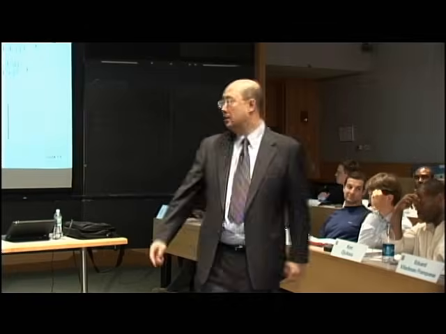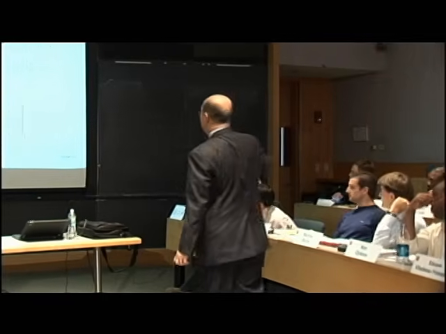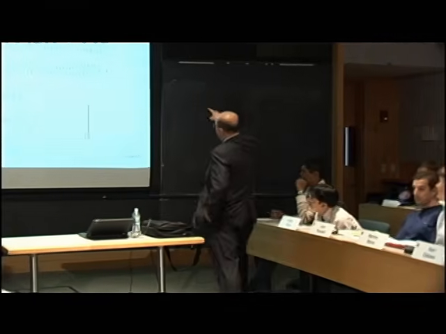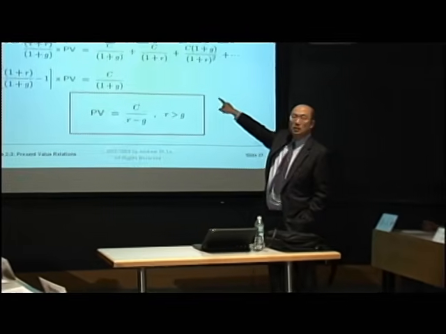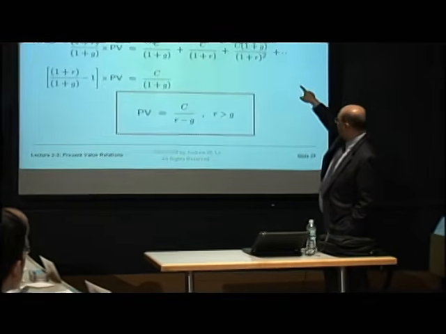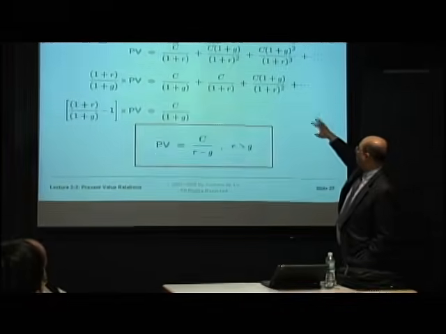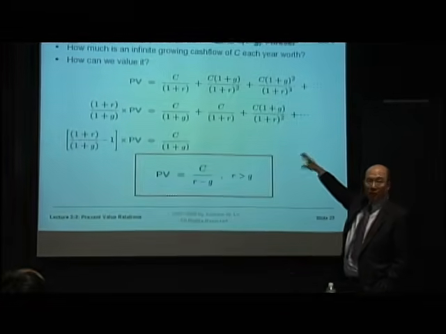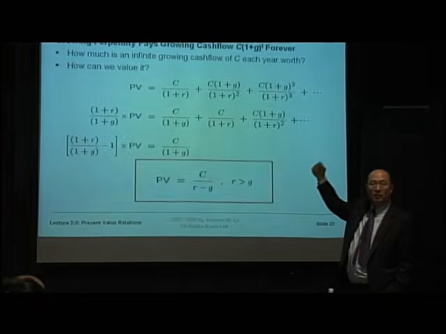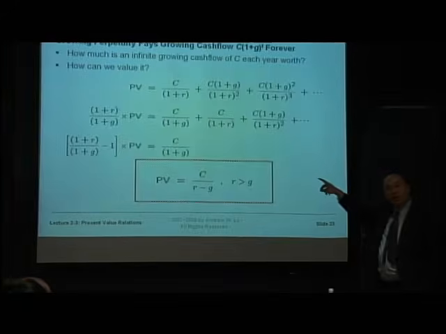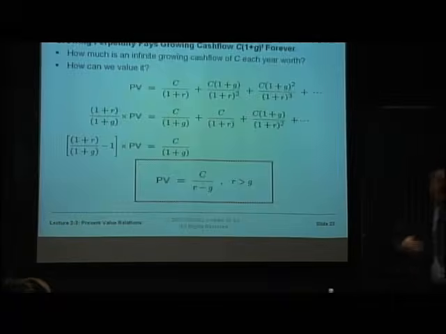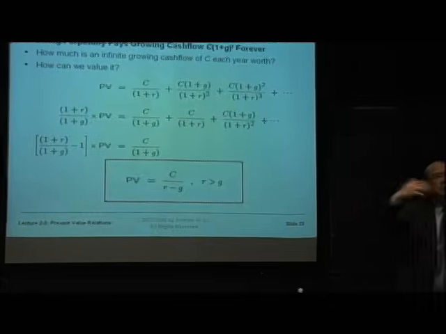Let's see what happens. If R equals G, then the infinite series on top, C divided by 1 plus R, plus C times 1 plus G over 1 plus R squared, that's just C over 1 plus R, because I'm assuming G and R are the same, plus C over 1 plus R, plus C over 1 plus R, plus C over 1 plus R. I have an infinite number of C over 1 plus R's.